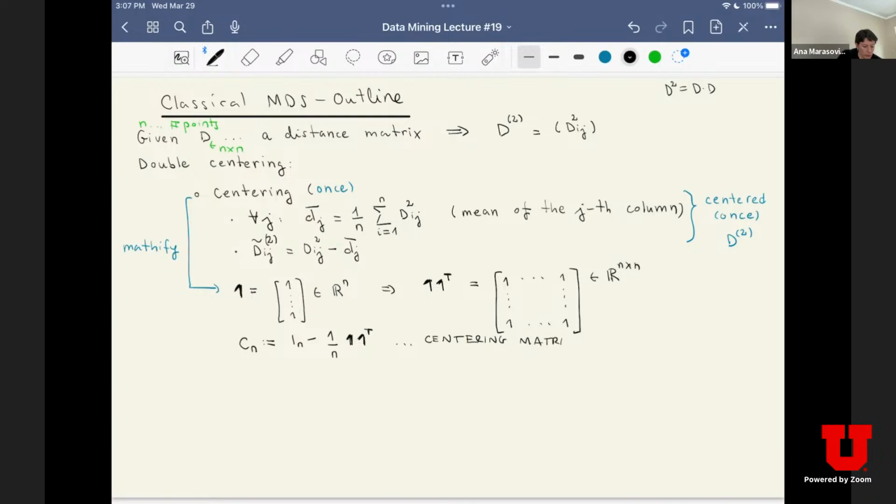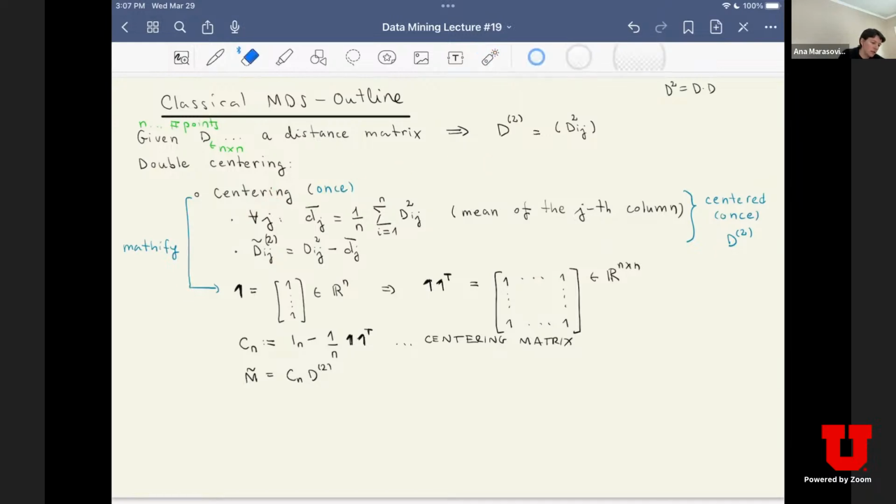So we can use the centering matrix to basically do the same thing that is described here using just a single equation, and that's going to look like M tilde equals Cn matrix multiplication with D2. So this part here is exactly what is described over here.